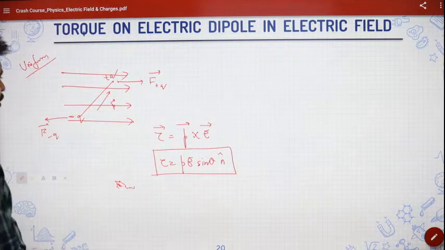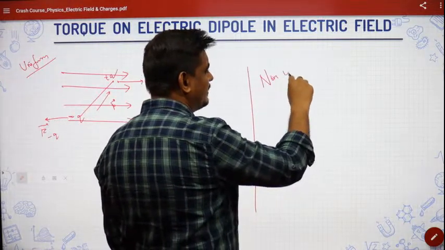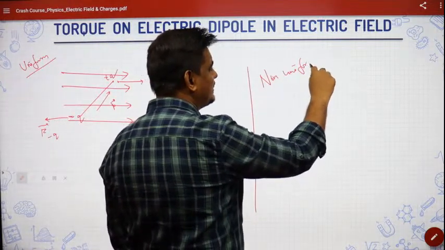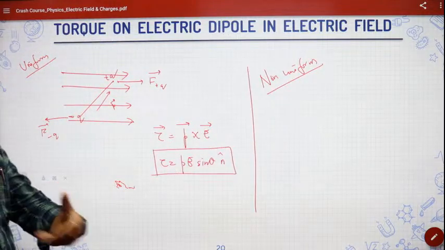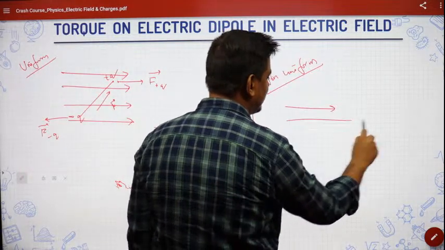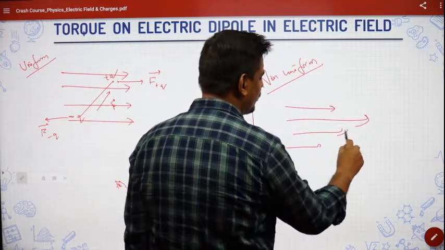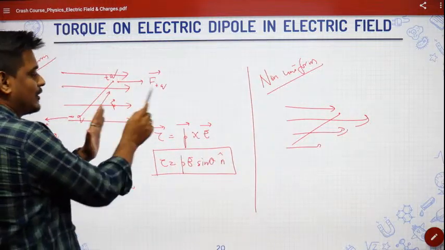There is also the possibility that we have a non-uniform electric field. Then, in addition to this torque, you will also have a lateral, translatory force. Something like this, there is some electric field which is not uniform. Here, in the uniform case, F was the same for plus q and minus q.